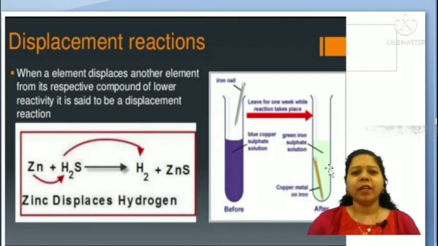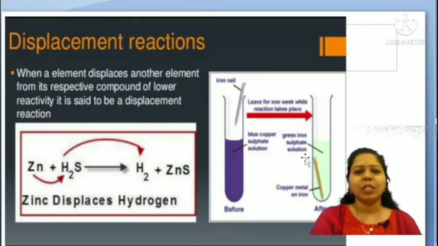It means that here iron replaces copper. The meaning of that is iron is more reactive than copper. That's why iron is able to replace the copper, so when copper sulfate reacts with iron, it forms green colored iron sulfate. This is also a type of displacement reaction because one element displaces another element in this reaction.